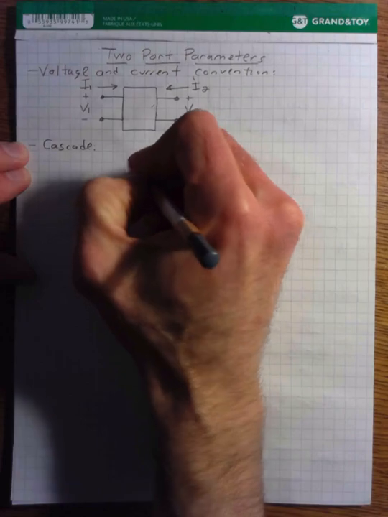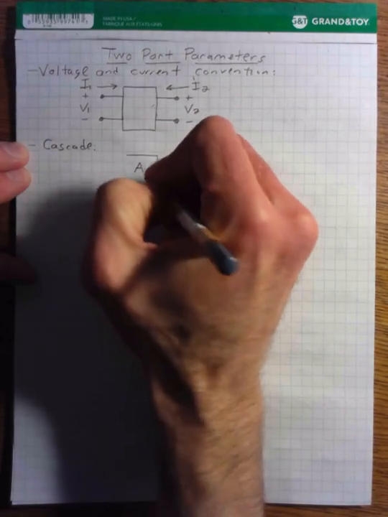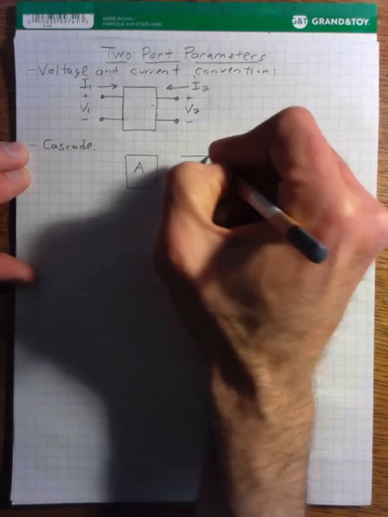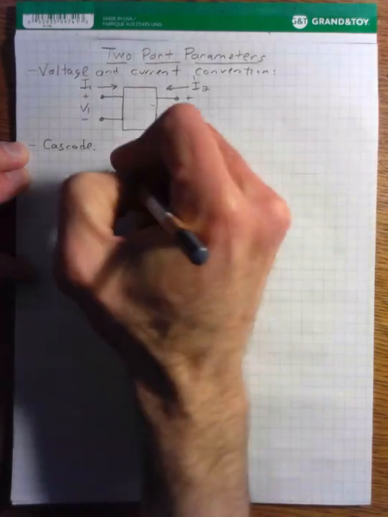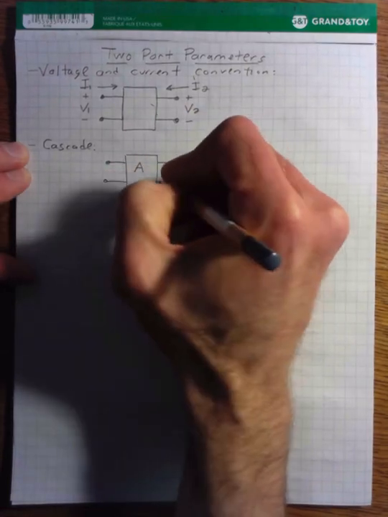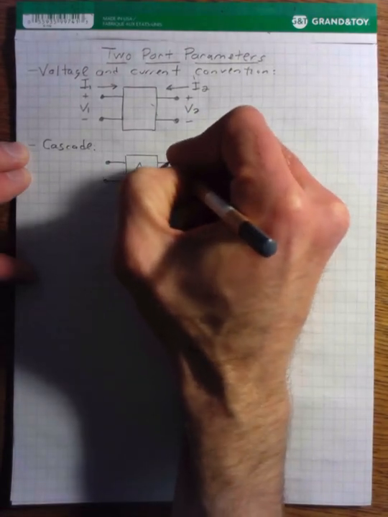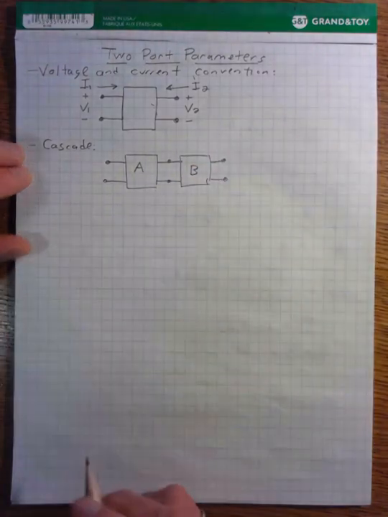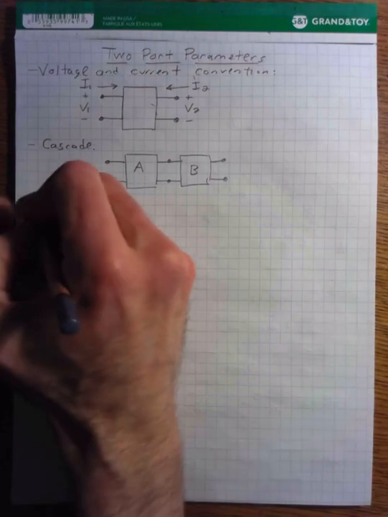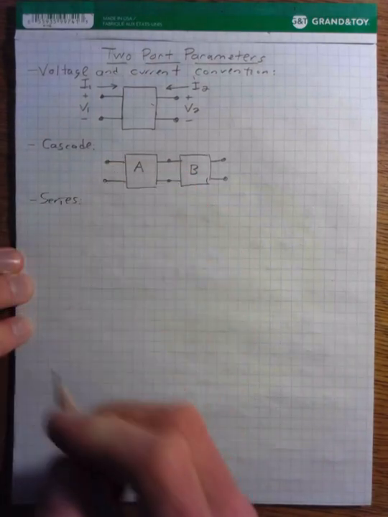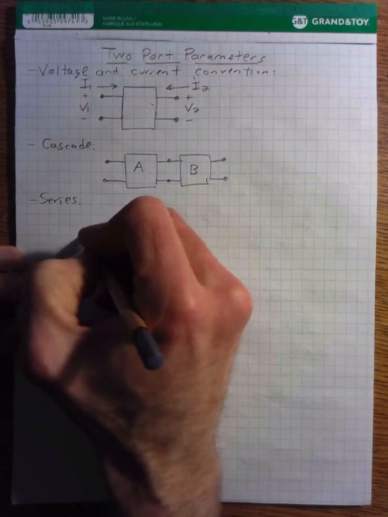So if we have system A and two-port system B, and we just connect them like this, this is not a series connection. This is what's known as a cascade connection. The series connection actually looks kind of unusual if you're not familiar with it.